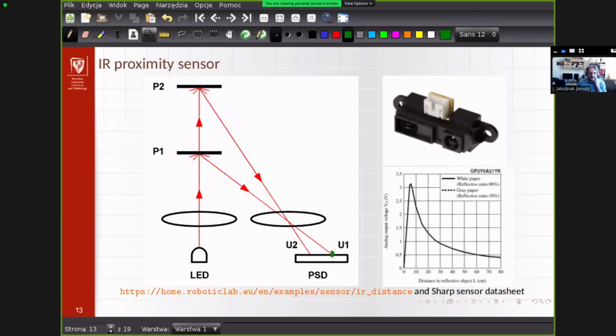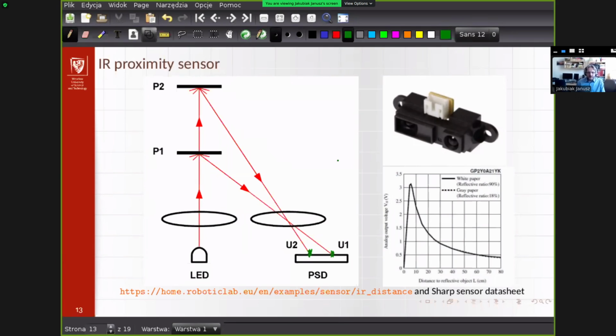When the object is further away, the reflection will appear here. So knowing the point of the reflection, you can estimate or calculate the distance of the object from the LED.